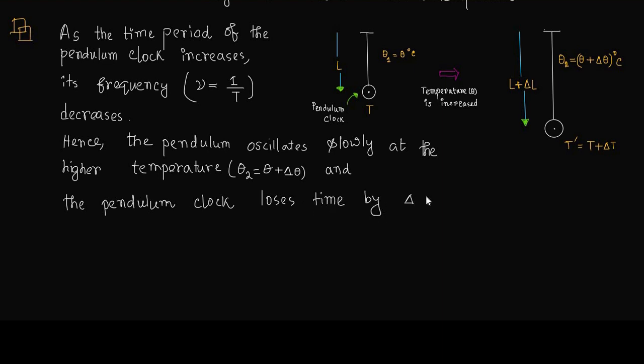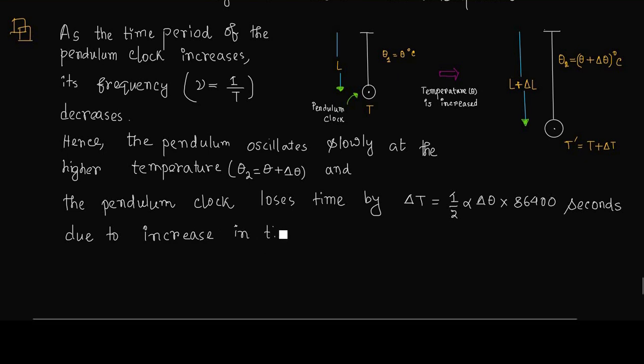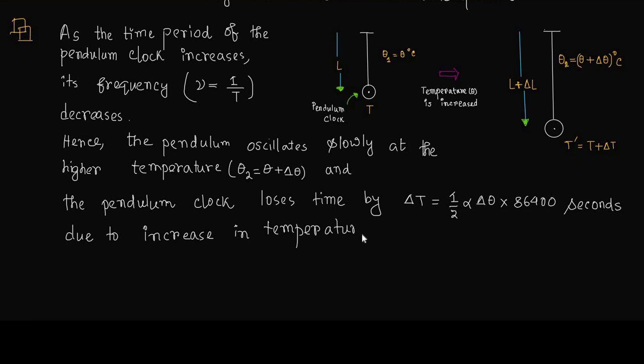time by delta T, which is equal to half alpha delta theta into 86400 seconds in a single day, due to increase in temperature by delta theta degree C or delta theta Kelvin.